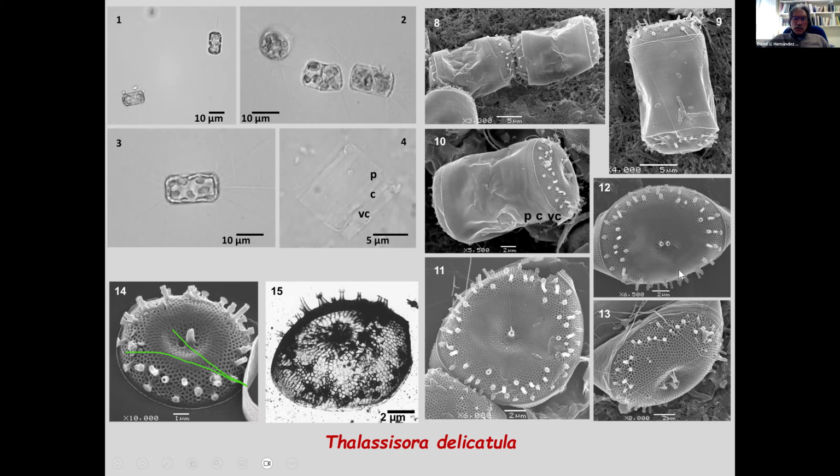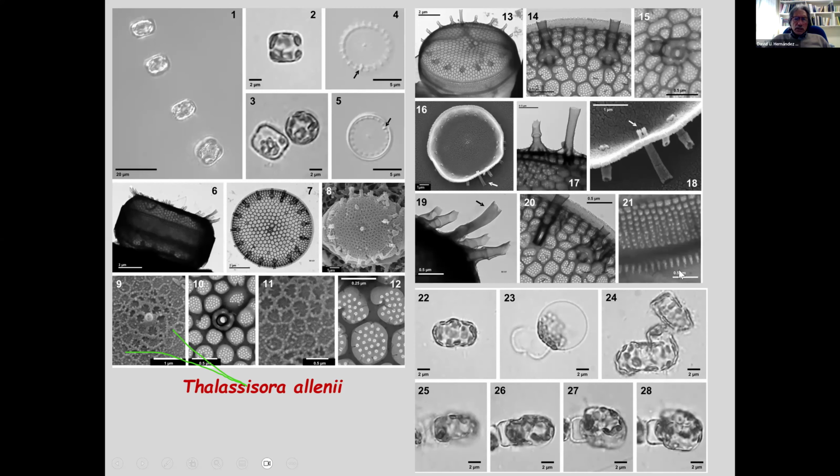Chain-forming species, Thalassiosira delicatula, and another Thalassiosira species, Thalassiosira aleni, also cultured, producing some auxospores, but also giving us some details of the morphology of the valve, the different processes, including the fultoportula and rimoportula. The rimoportula in this species is prominent, as you can see in figure 18, or in this figure 17 as well.